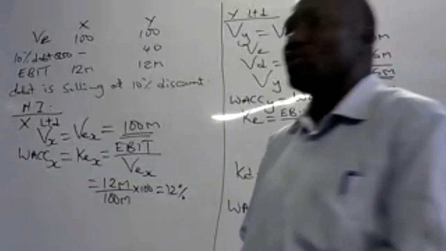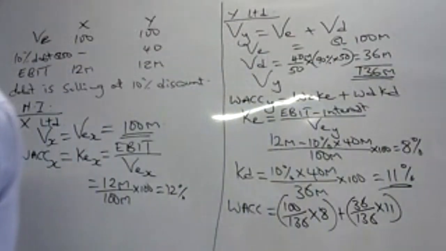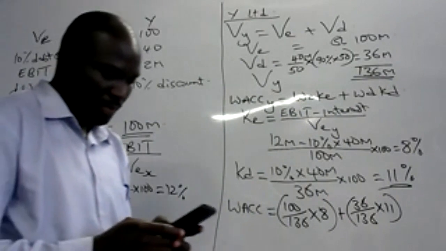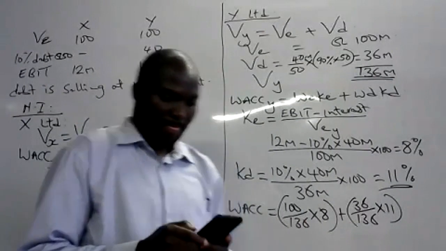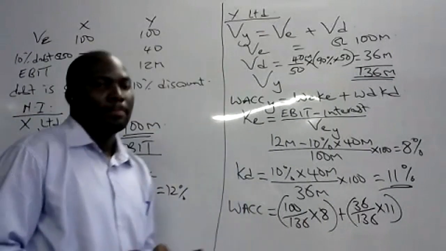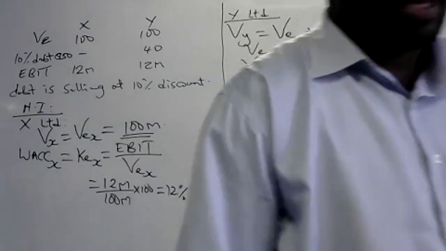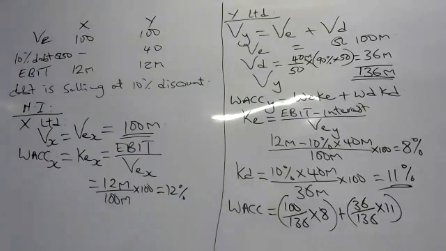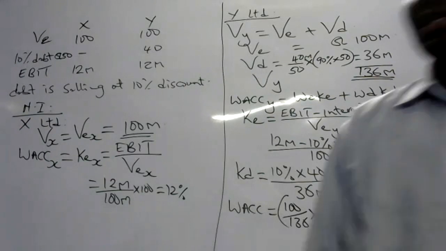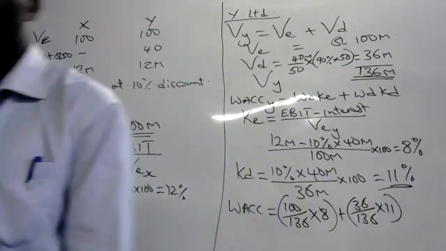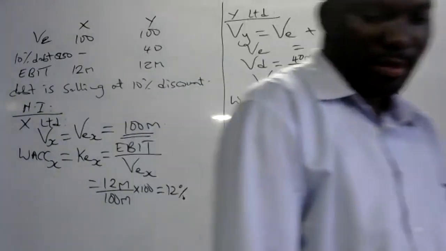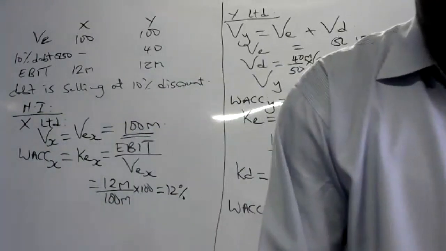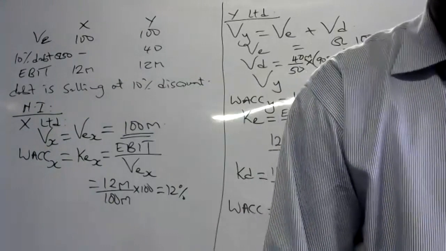Now let's go to the Modigliani and Miller propositions. So MM propositions. We can just start with number A, MM1 without taxes.